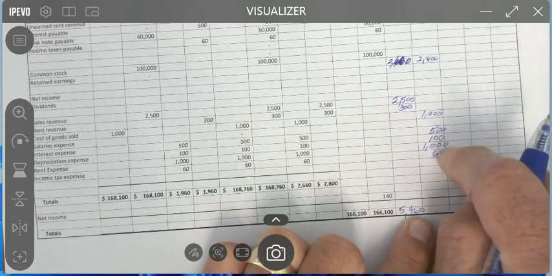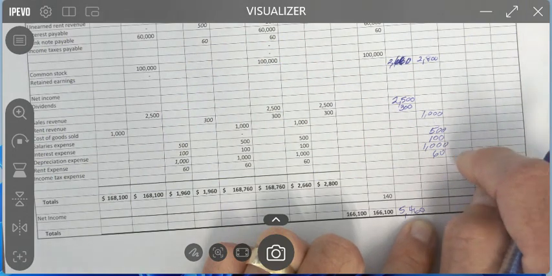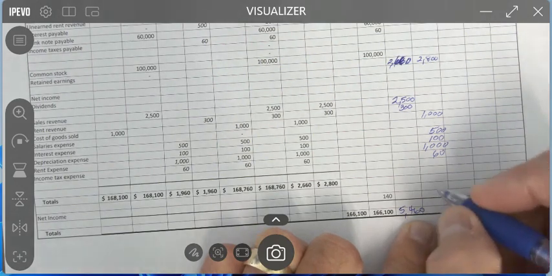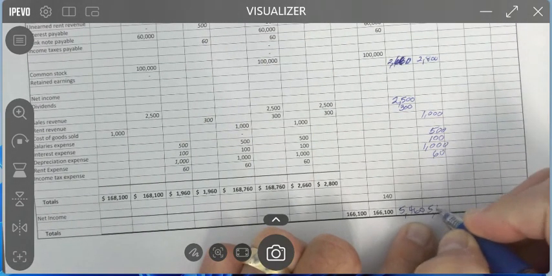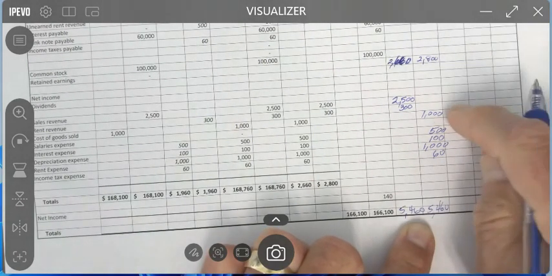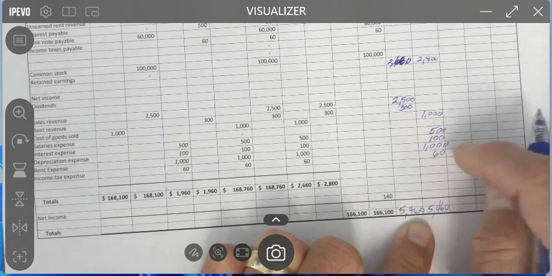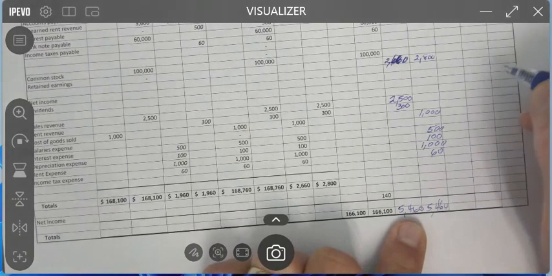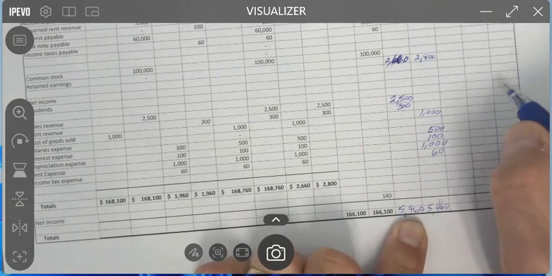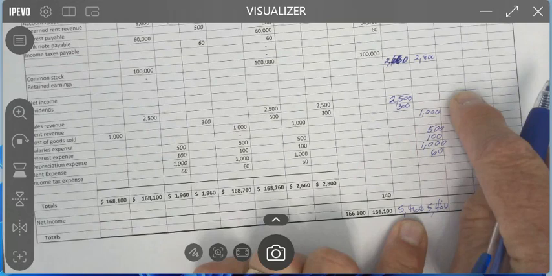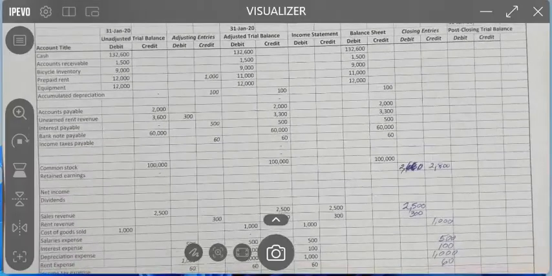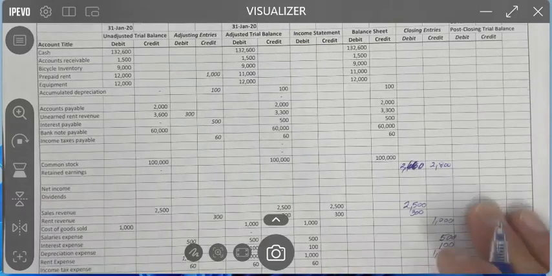I don't believe I did that correctly. Yep, $5,460. Sorry. Yep, $5,460. And that has now effectively zeroed out all of these temporary accounts. So we won't need to put anything in the post-closing over here.